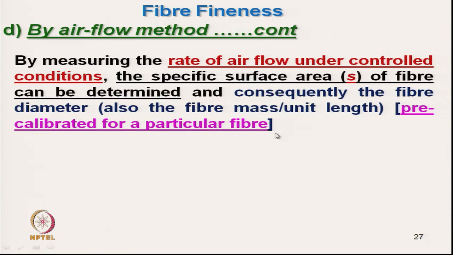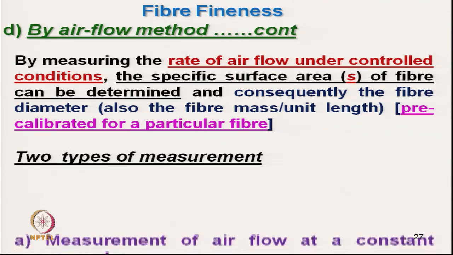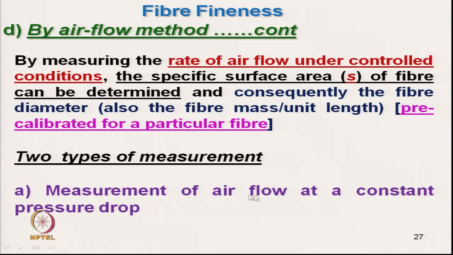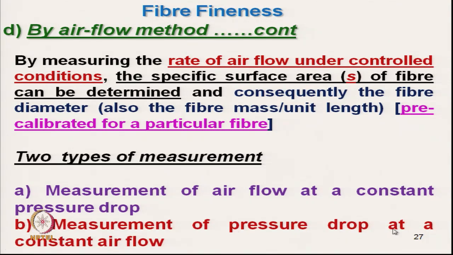For a particular machine, as I have mentioned, the instrument is pre-calibrated. So, two types of measurements are there. One is the measurement of air flow at a constant pressure drop, another is the measurement of pressure drop at a constant air flow. These are the two ways of measurement.